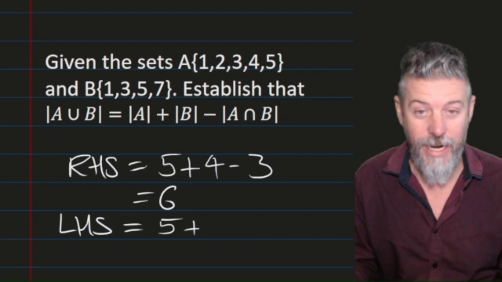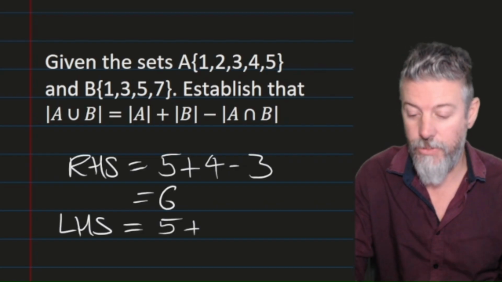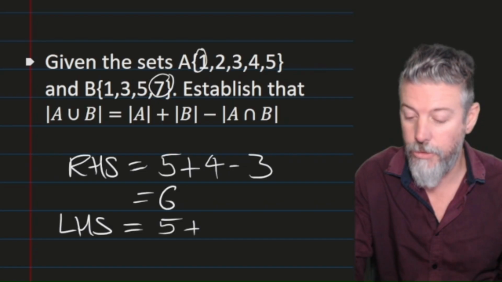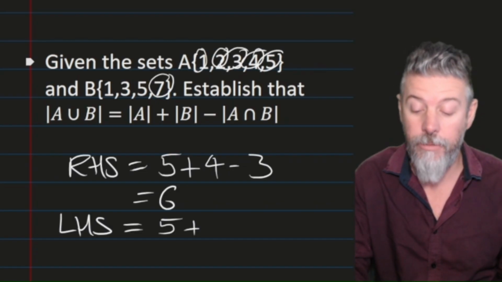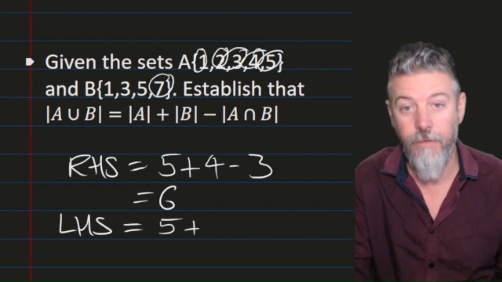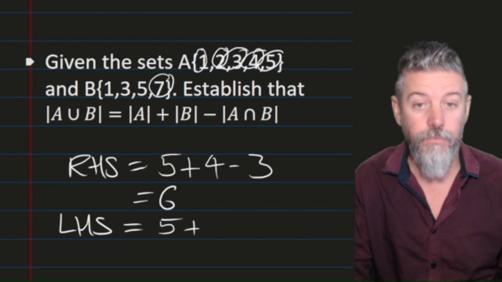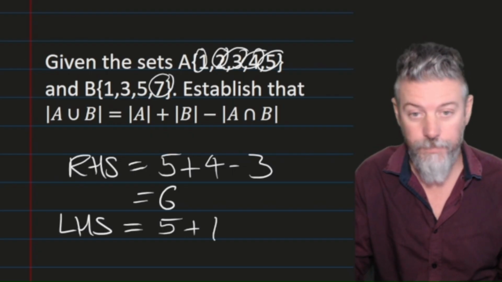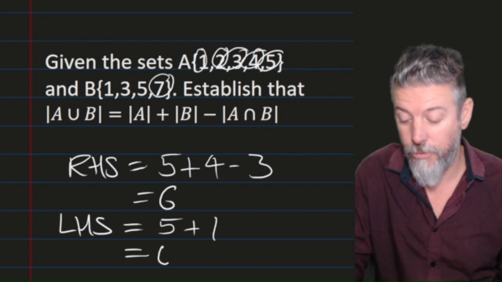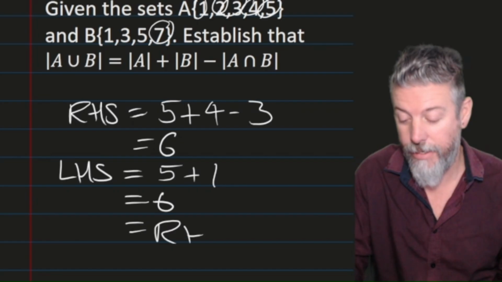The 5 is also in A, so we don't need to count it. The 7 is unique. So that gives us 1 element in B that adds to our OR, which also equals 6, which is equal to the right-hand side.